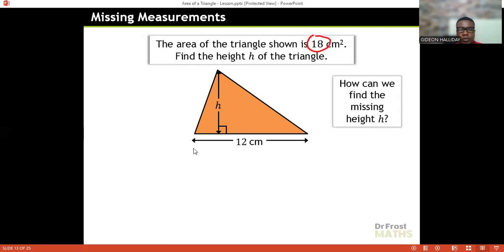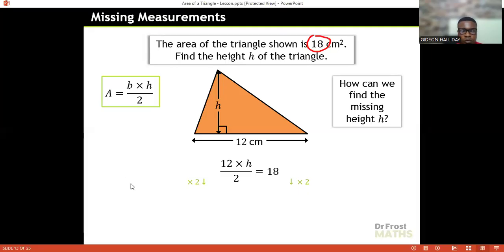We already know area equals base times height divided by 2. So you multiply both sides by 2, and then you divide both sides by 12, and then your height is 3 centimeters.